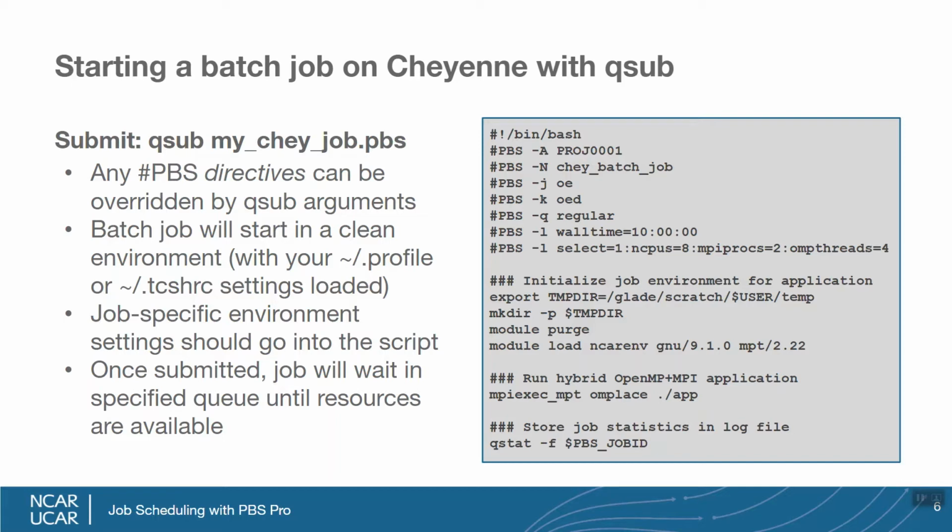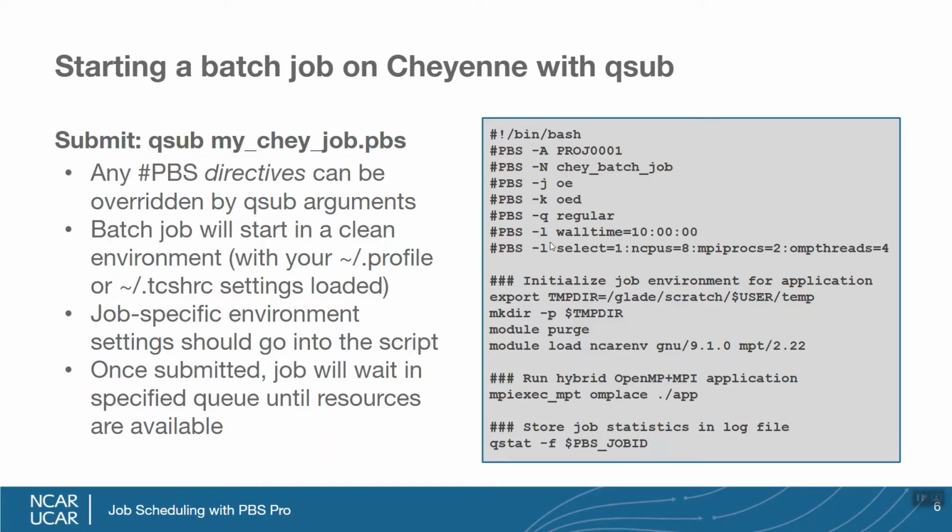On the right here, you can see a sample PBS job. Here it's a bash script. These lines are all of our directives, so we're assigning things like a project code to charge to. We have a name for the job. We want to do some operations with our logs. Here's the queue, so we're going to submit to a particular queue, and we'll talk more about queues in a little bit.